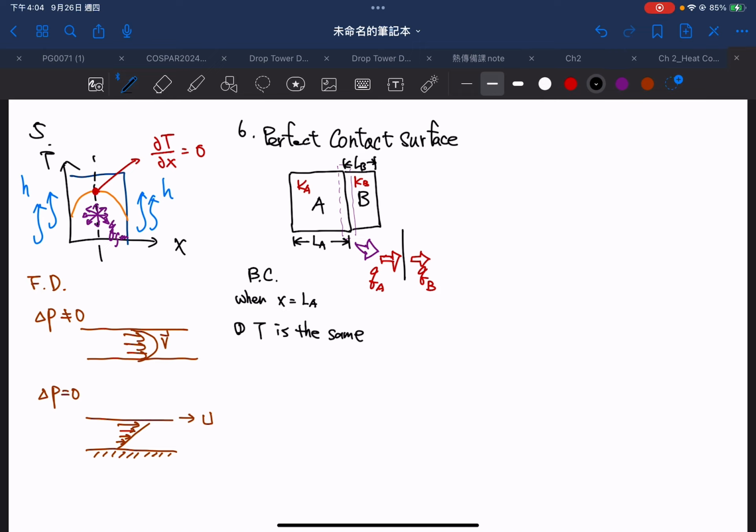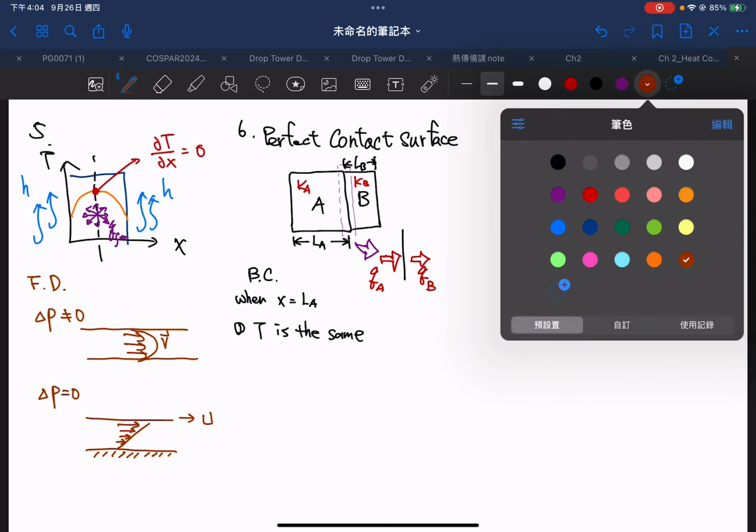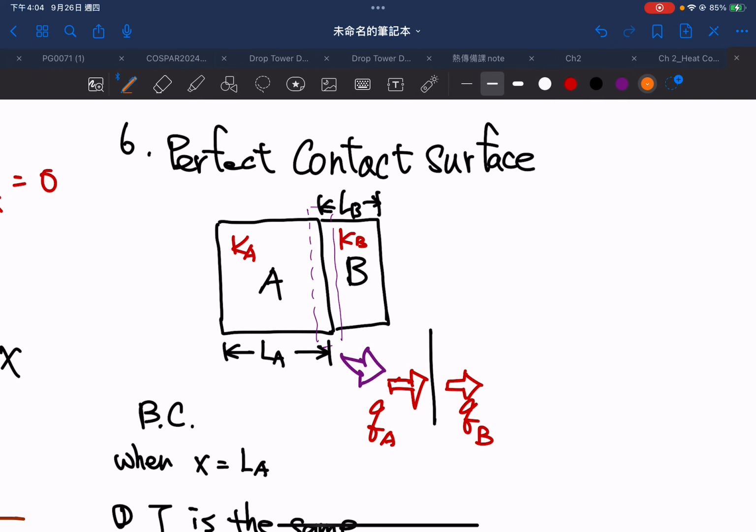Okay, since it's a perfect contact surface, we can try to draw a temperature profile. For example, it starts from here, then reaches the temperature. But because the k value is different, the slope might be different. So let me easily draw it like this.